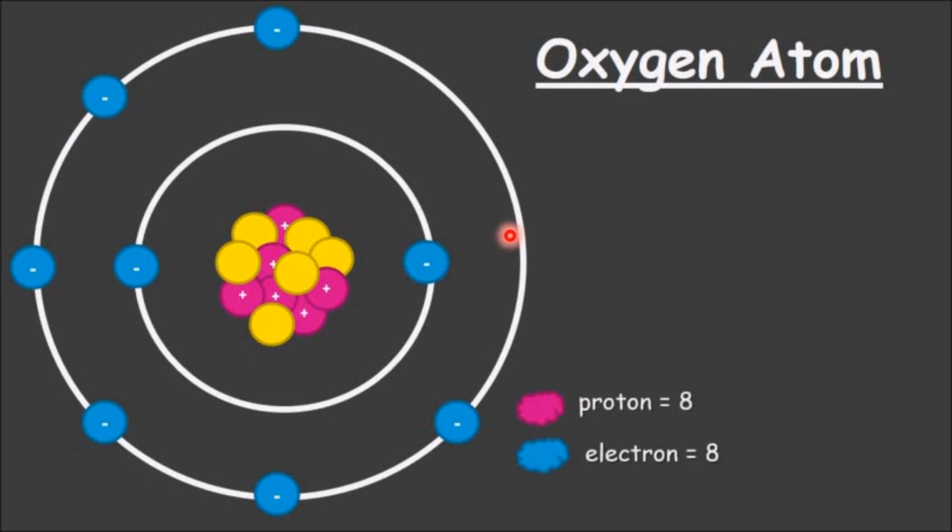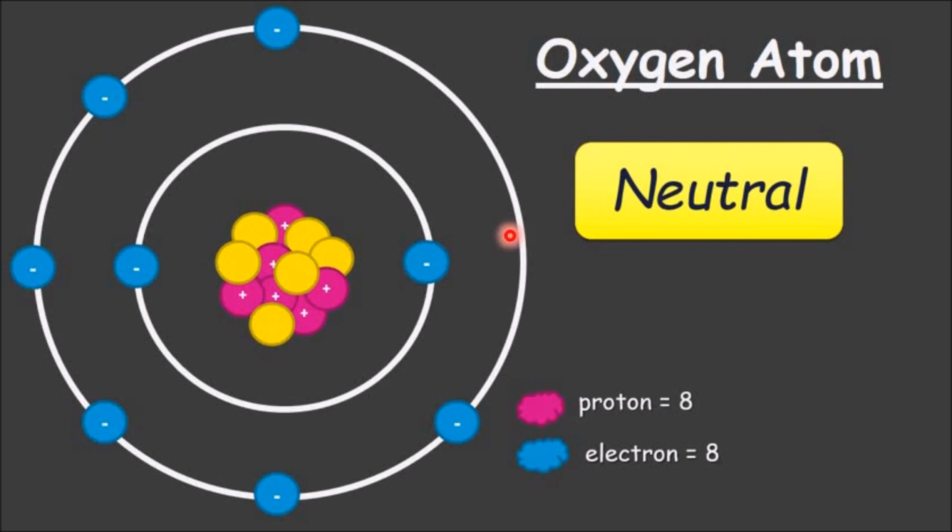So the oxygen atom has a total of 8 protons and 8 electrons in its composition, and it is in its neutral state. Now according to the octet rule, the outermost shell of the atom must have a complete set of electrons, which is 8. But in this case, oxygen only has 6 electrons in the outermost shell, so it is lacking 2 electrons.